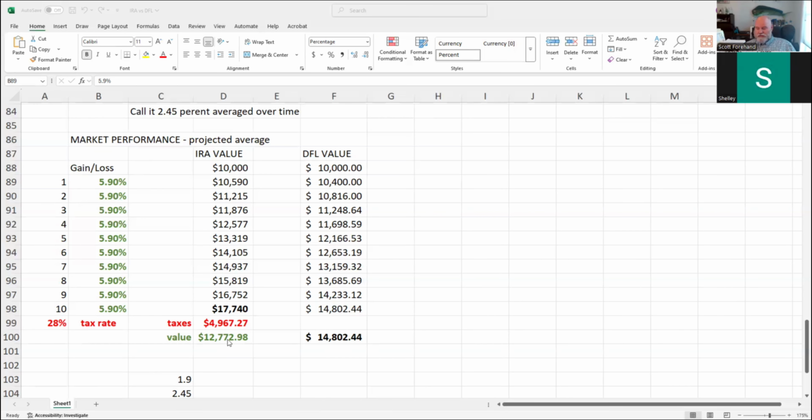And if you really think about it, that's really bad considering that 12.7 that you're pulling out is even further reduced by the value of money 10 years later, having 3% average inflation devaluing the dollar every year for those 10 years. So by default, using this example with real numbers and real averages, that's the real number, 14,802.